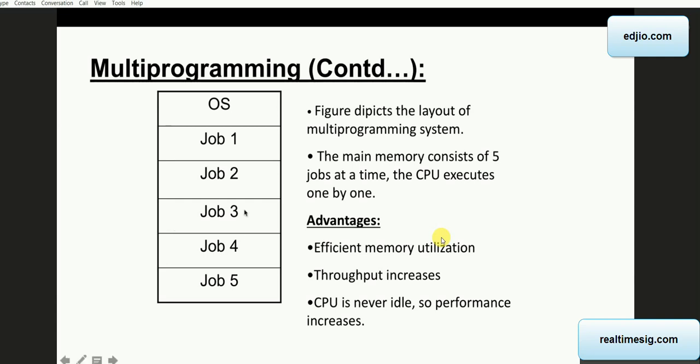Throughput means how many jobs you can simultaneously give to the operating system and how much time the operating system takes to complete all these jobs. And the CPU is made sure it is never idle, it is always running. You always burden the CPU. That's what it means.